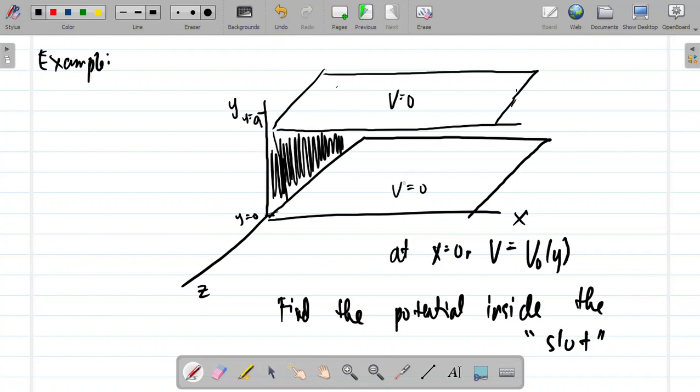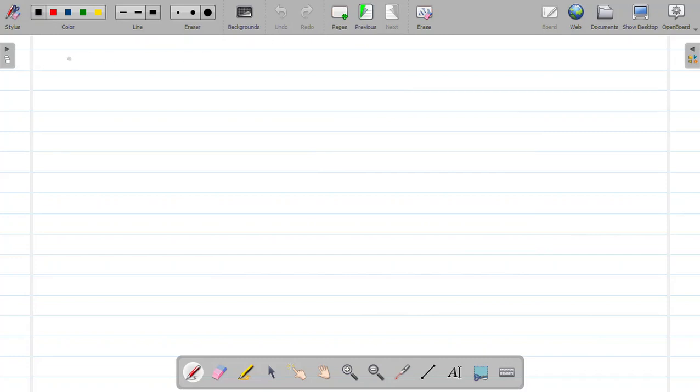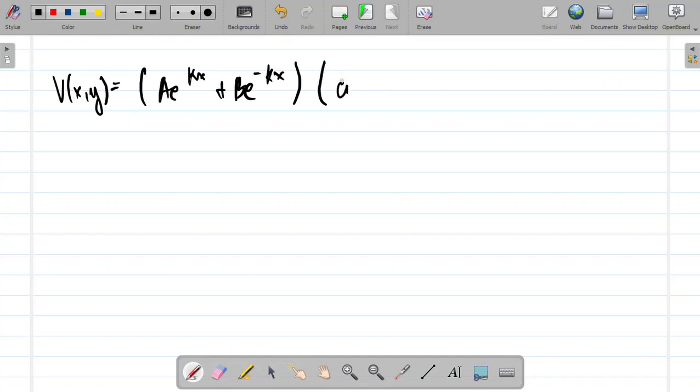So, class, recall lang natin yung solution kanina. In general, V of x, y equals A e raised to kx plus B e raised to negative kx, times C sine ky plus D cosine ky.